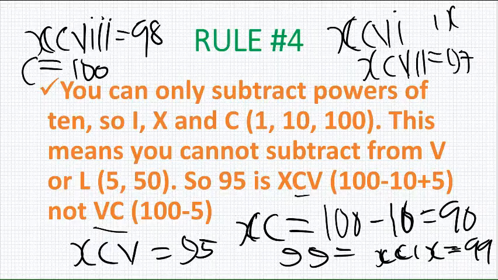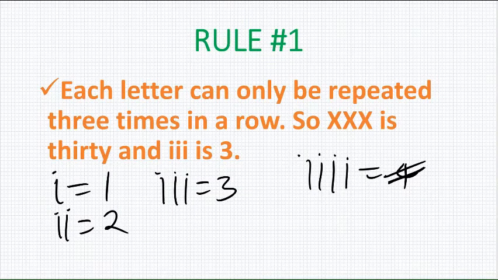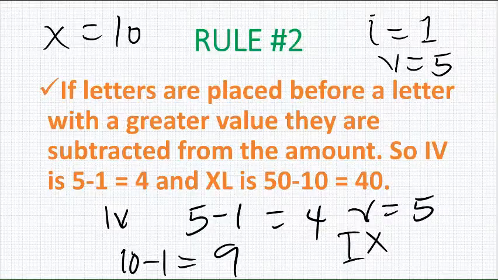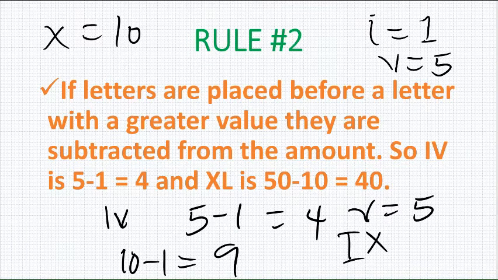Just remember these rules. Let's recap again. Rule number 1, you can't repeat any letter more than 3 times in a row. And then rule number 2, if a letter is placed before a letter with a greater value, it is subtracted from the amount. So we have IV to give us 5 minus 1, and that is 4.